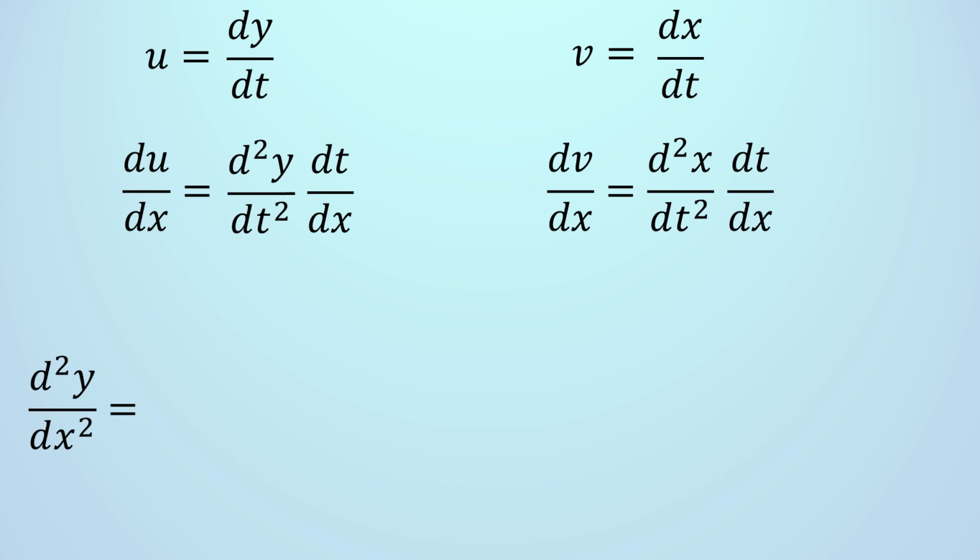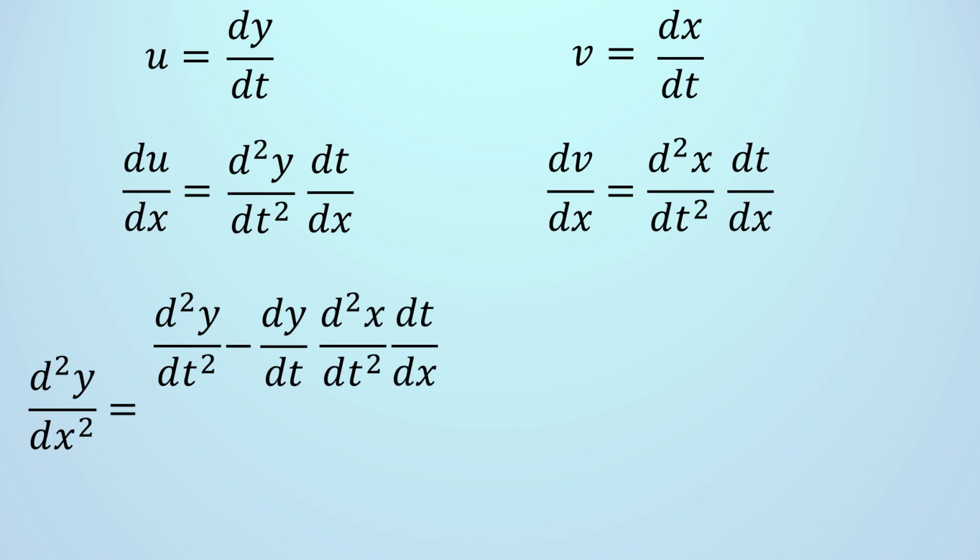The second order derivative of y with respect to x, therefore, is going to be our du over dx times by our v. And then you might notice, by the way, if you want to, you could cancel out the dt over dx times by the dx over dt. Then we take away our u times by our dv over dx. And then the final bit of quotient rule is to divide that all by v squared.